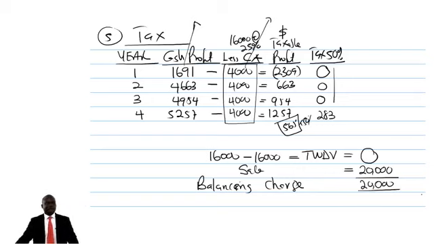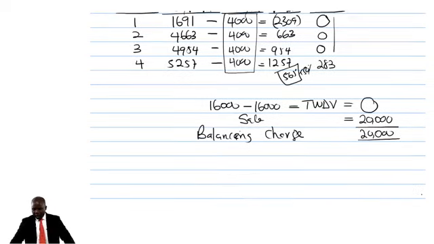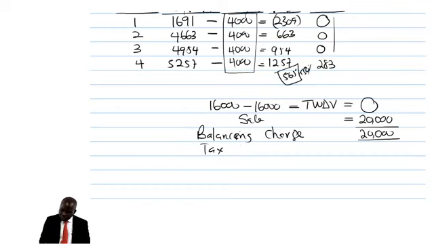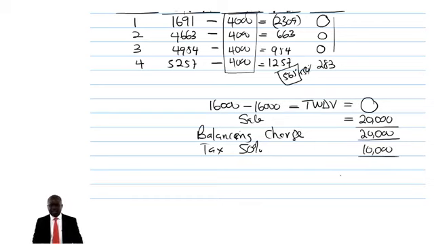If you have made a profit on the sale of 20,000, what do you think the taxman is going to do? The taxman is going to tax you, and the US tax rate is 50%. So 50% of that is equal to 10,000. And this will be sold at the end of the 4th year. When I make the profit at the end of the 4th year, tax is paid 1 year in arrears.